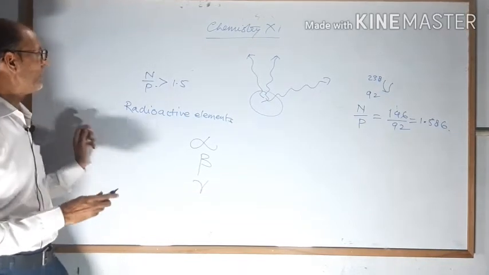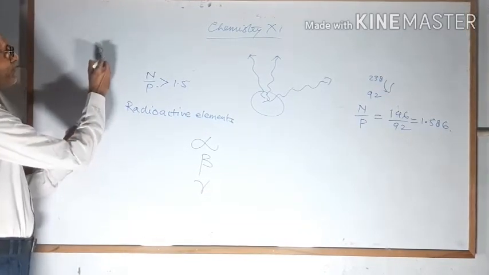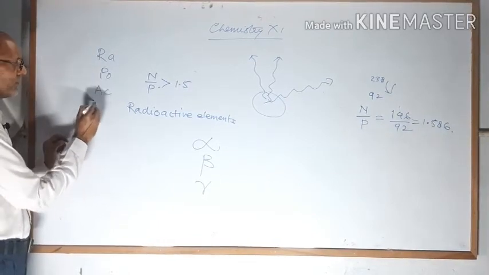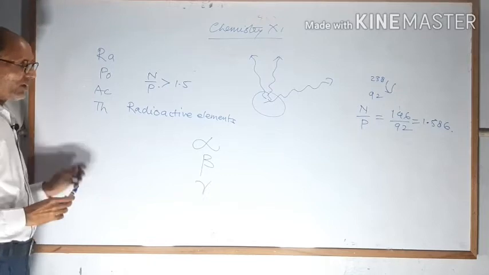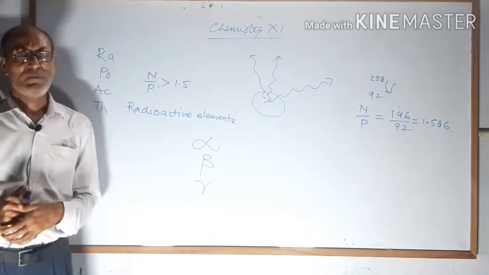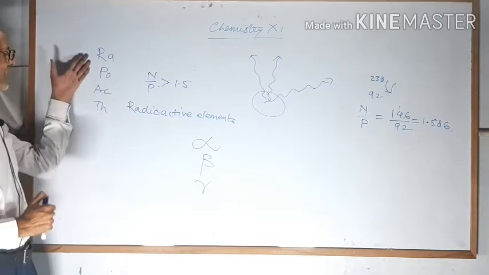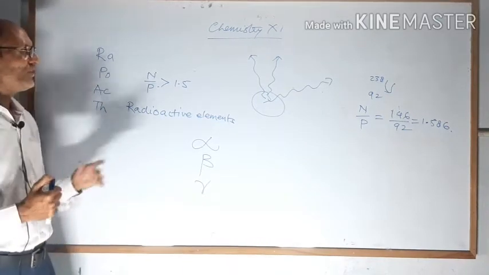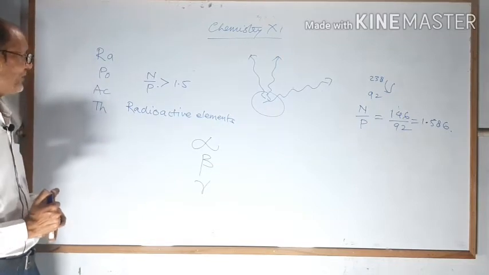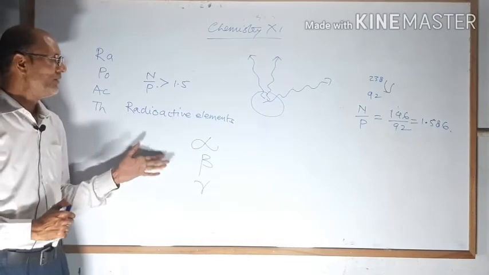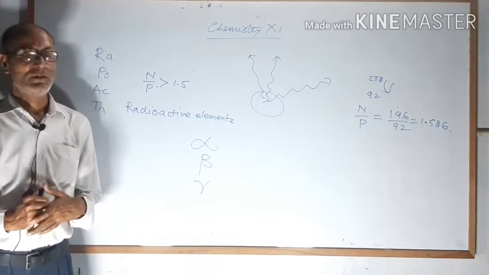Another example, radium, polonium, actinium, thorium, etc. There are so many elements which show this type of property. They are not stable at normal condition. They always emit alpha, beta and gamma rays from the nucleus until they convert into stable nuclei.